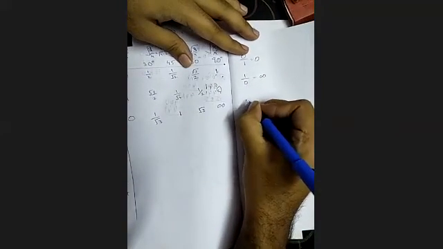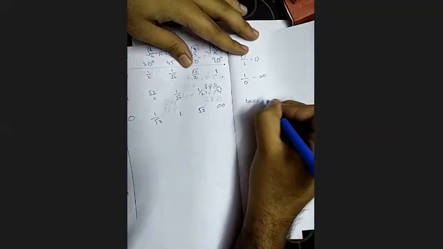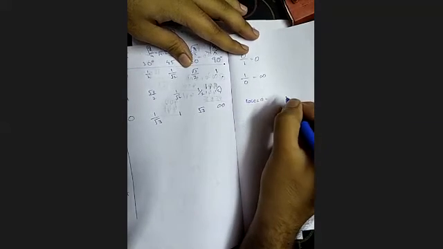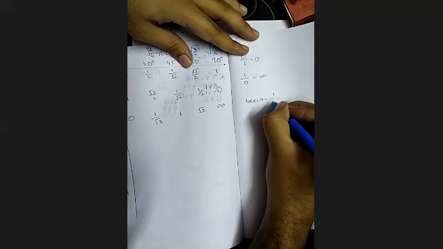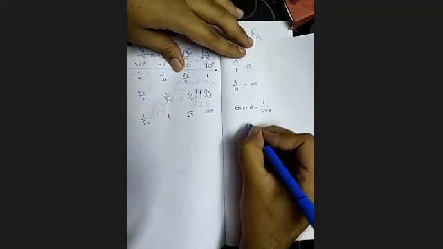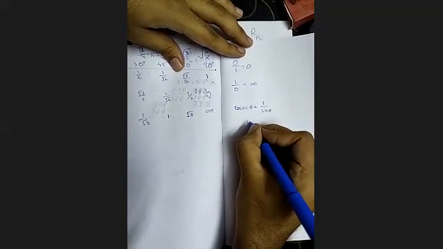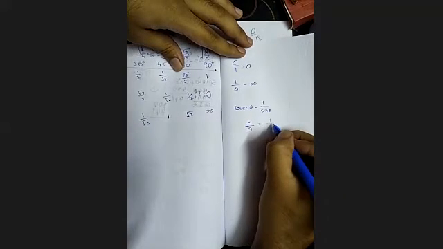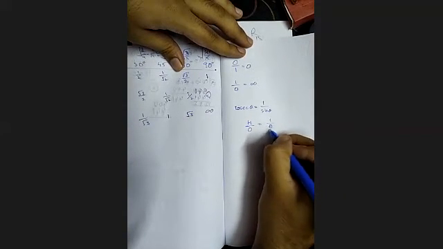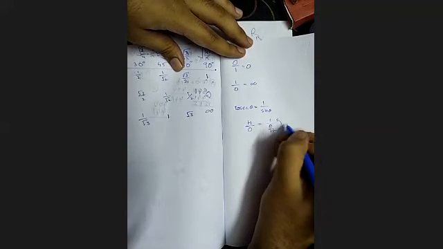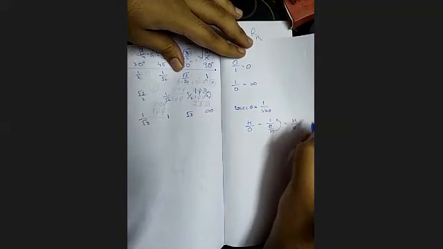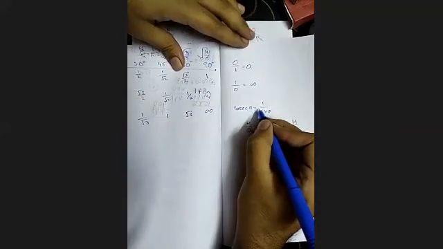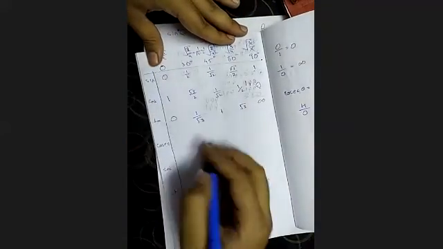Clear? Now what is cosecant theta? Cosecant theta is 1 by sine theta, because cosecant theta is hypotenuse by opposite, and sine theta is opposite by hypotenuse. So what is 1 by 0?